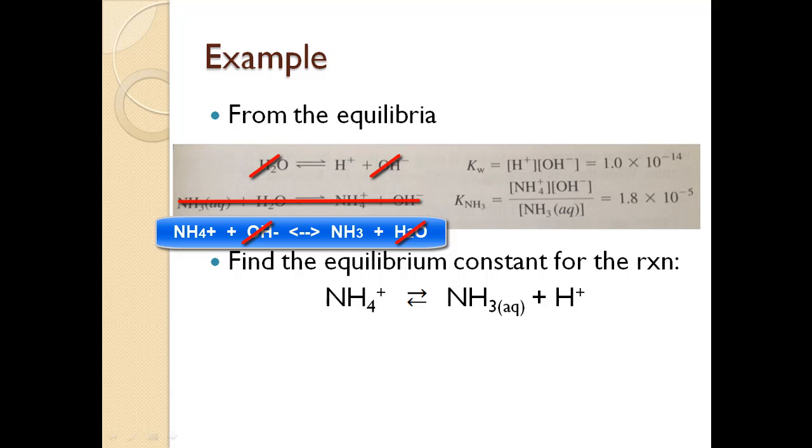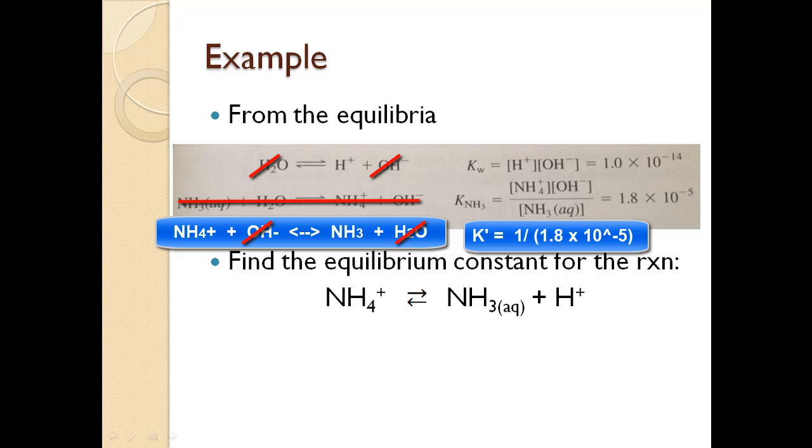Now we have to figure out, whatever we did to our reactions, we have to manipulate our K values. The first reaction, we didn't do anything to it. So it stays as 1.0 times 10 to the negative 14th. Now K2, the second reaction, we reversed it. Remember, when we reverse the reaction, we take the inverse of it.